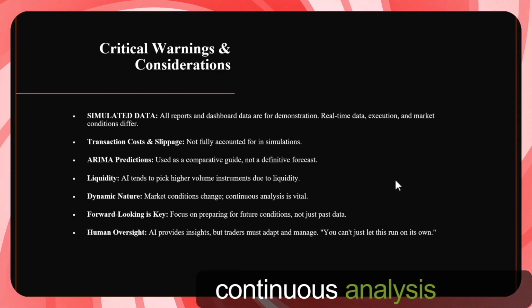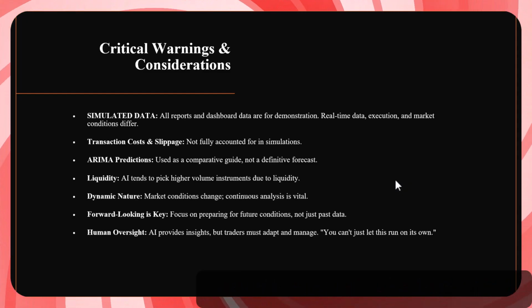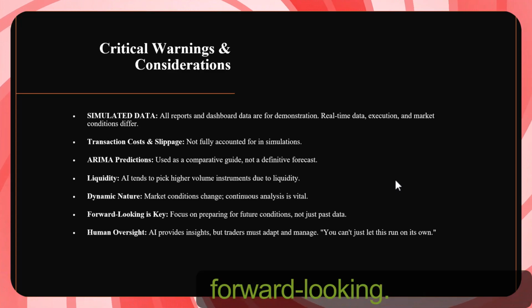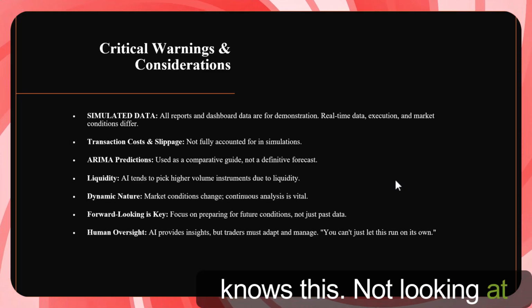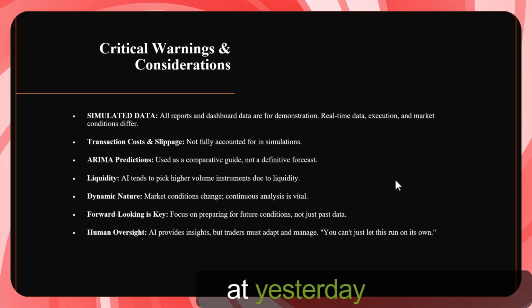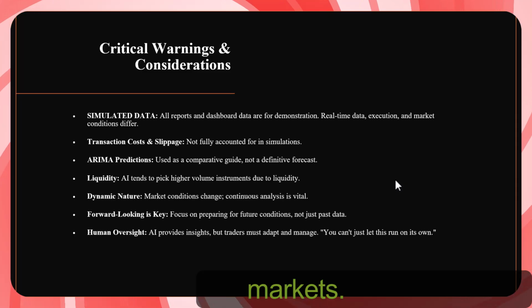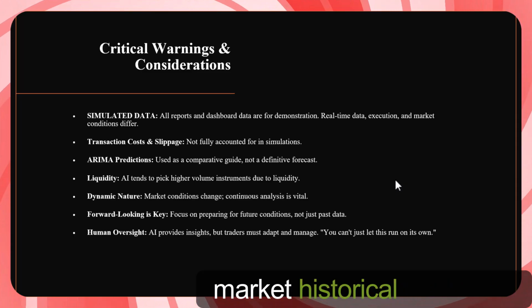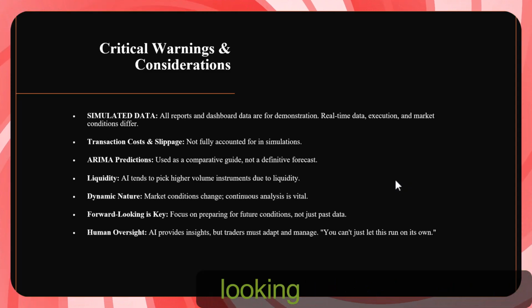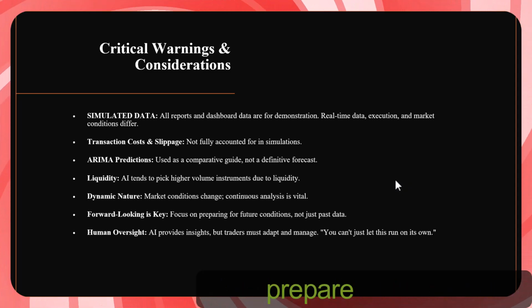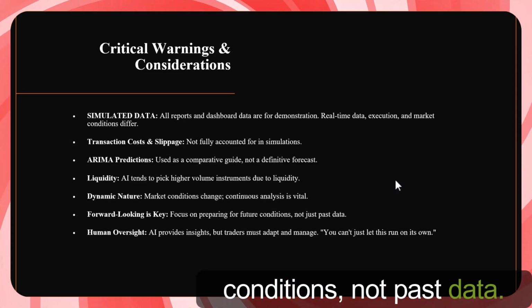But the continuous analysis is vital to generate new strategies. Everything has to be forward looking. Everybody in the world of smart money knows this. Not looking at today's market, not looking at yesterday or historical markets. We use the historical market data, yes, but we build out forward looking guidance around that. And we prepare for future conditions, not past data.